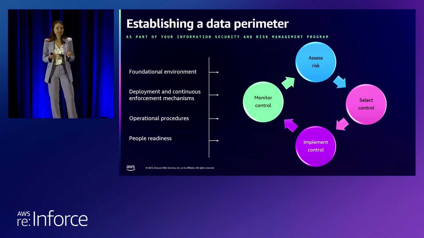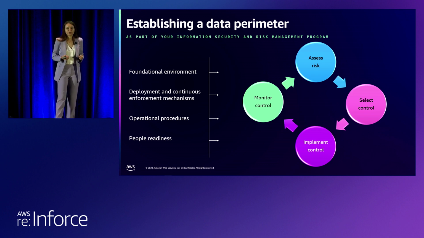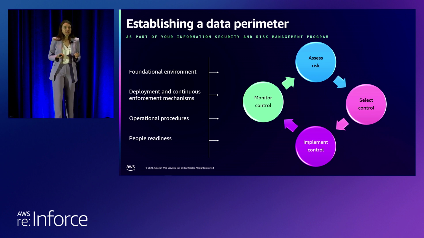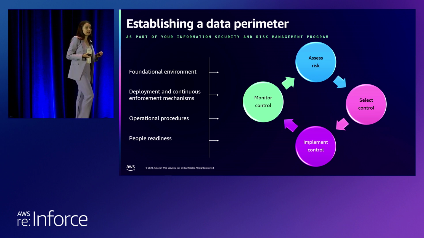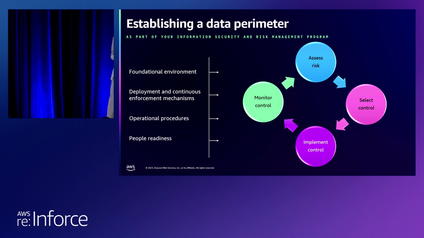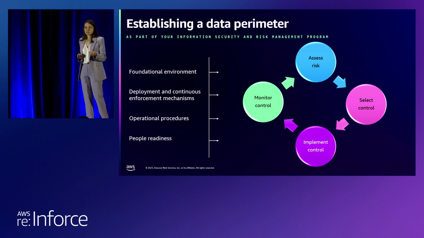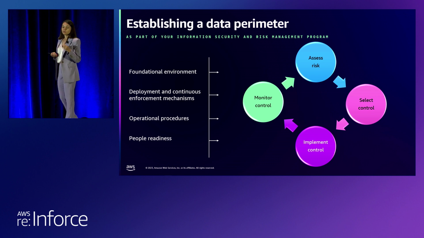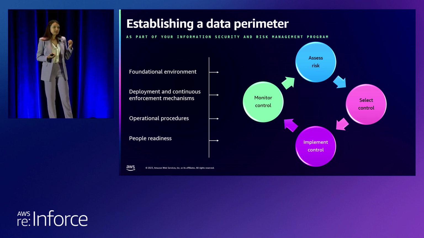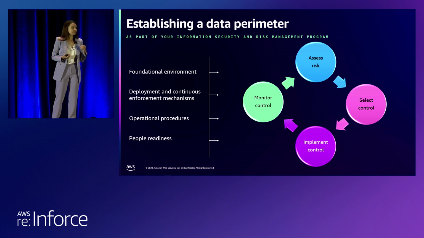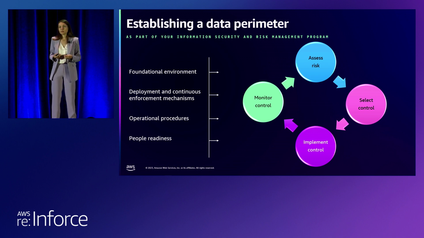That means that the best place to start is to treat your data perimeter controls as any other security control within your information security and risk management program, which means that you should start with your own threat analysis to identify and analyze risks that your environment is susceptible to. And then, based on your own risk acceptance criteria, you would select and implement the appropriate controls to mitigate those risks. After that, you would monitor the controls to make sure that they are operating as expected and continuously aligning with your business and security needs.